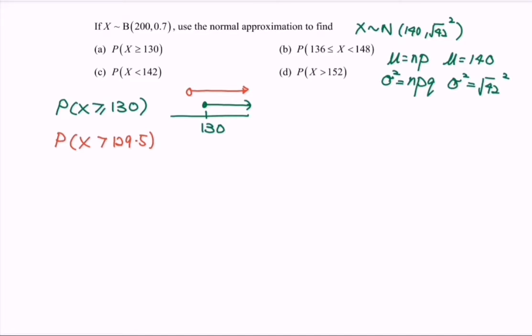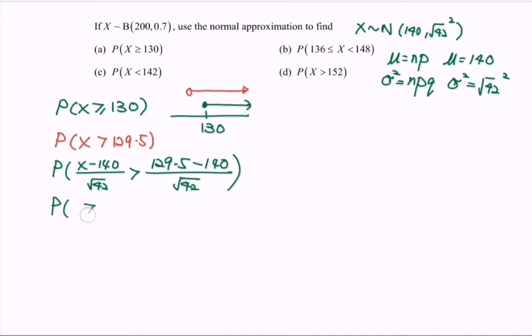Next, standardize the situation: the probability that x minus 140 over the square root of 42 is greater than 129.5 minus 140 over the square root of 42. By referring to the calculator, after we standardize, z is greater than negative 1.62.